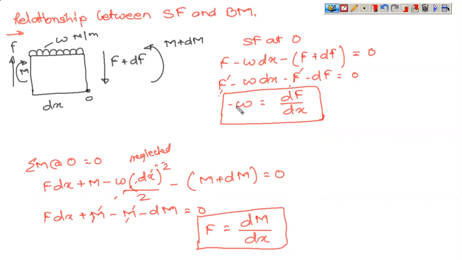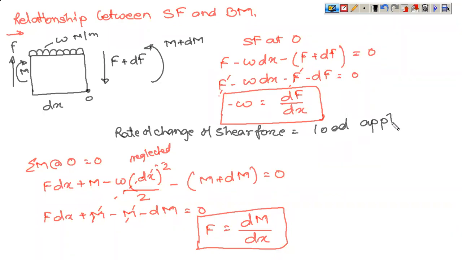Now if you see here, W is load, F is shear force. So the conclusion that you draw from this equation is that the rate of change of shear force is equal to the load applied. dF by dx is the rate of change of shear force.